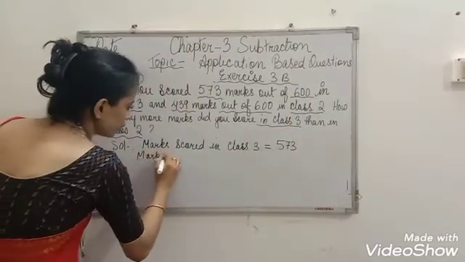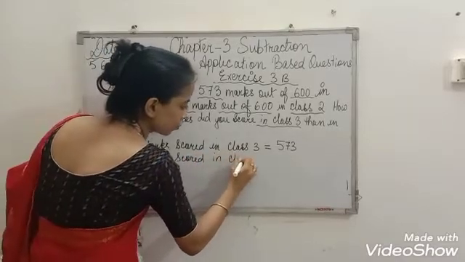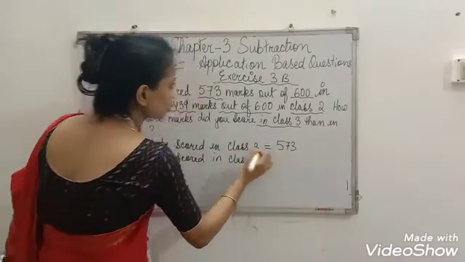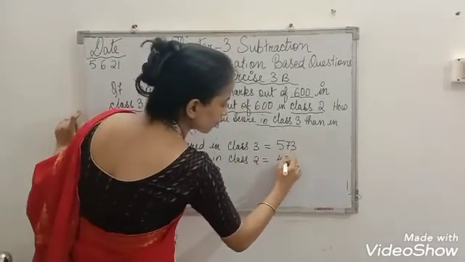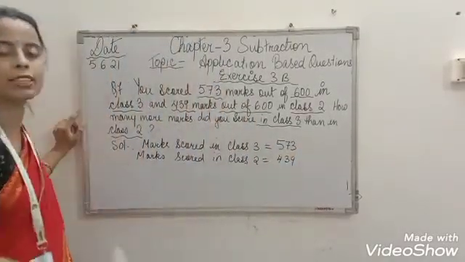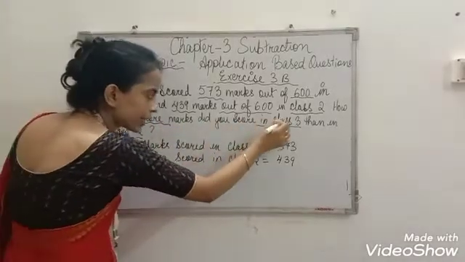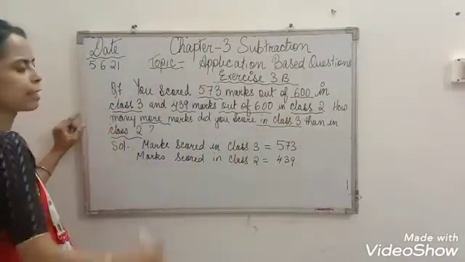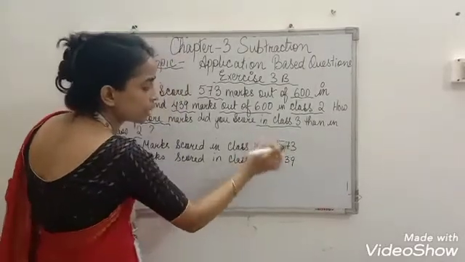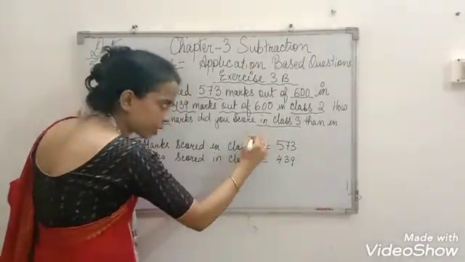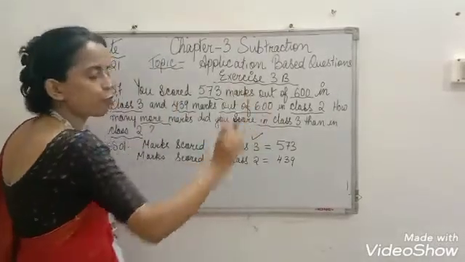Marks scored in class 2, how much? 439 out of 600. The question is asking what? How many more marks did you score in class 3 than in class 2? Now you have to find out how many more marks you scored in class 3 than class 2. So how to find out this?